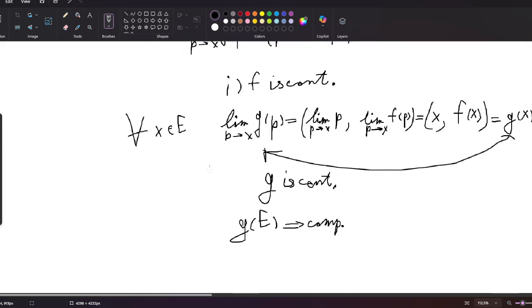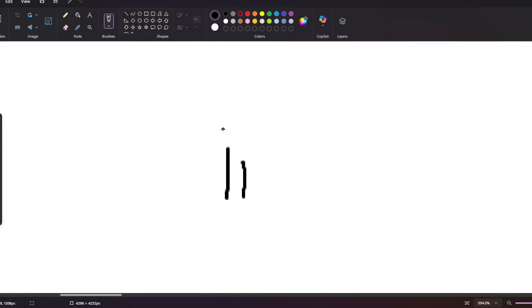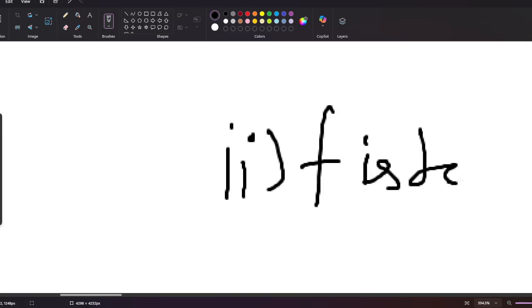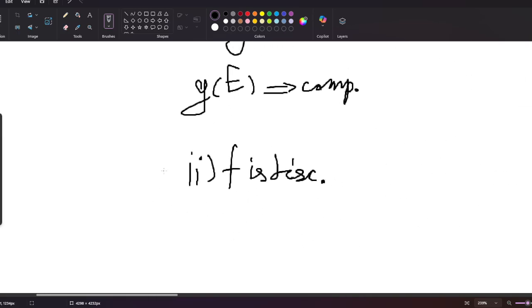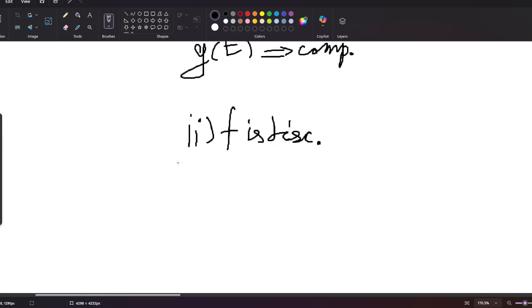Now the second case, which is arguably more troubling. Suppose f is discontinuous. Well, then it's more complicated.